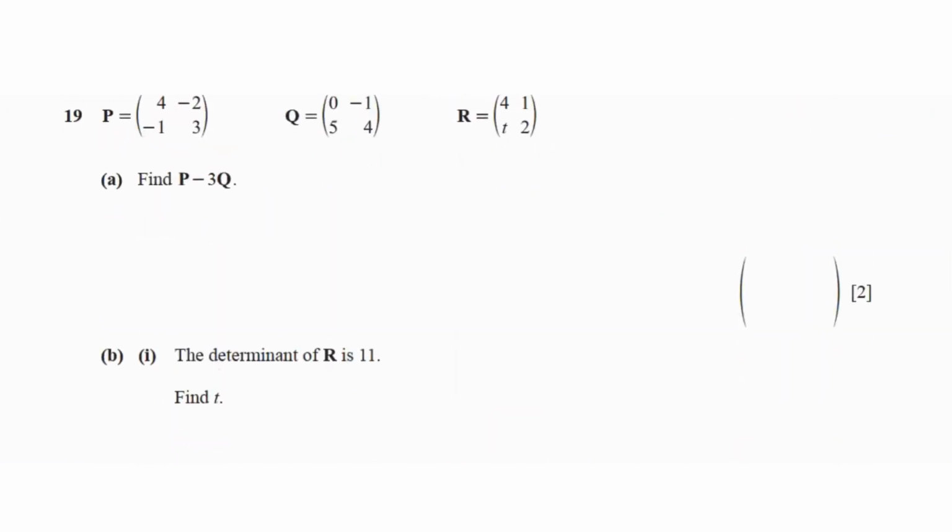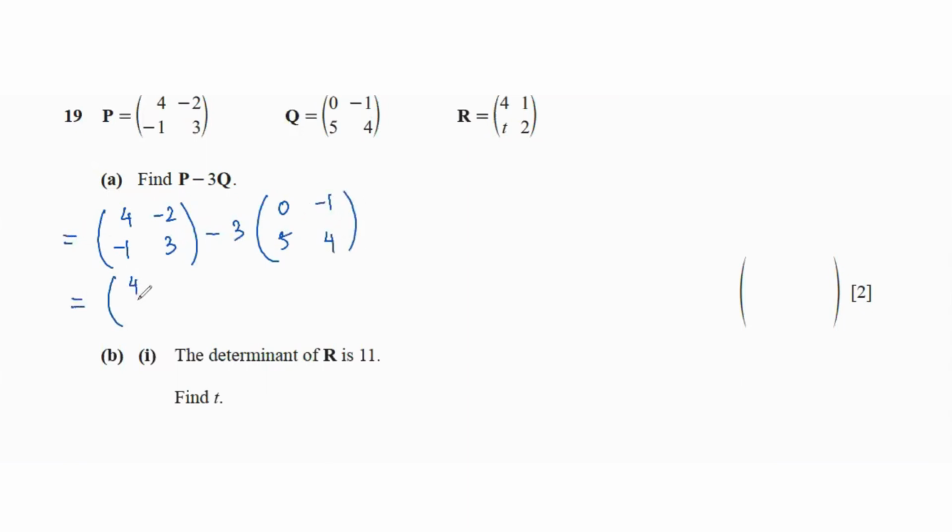Question 19 says, we have these matrices and they want us to find the value of P minus 3Q. So 4, negative 1, negative 2, 3, minus 3 times 0, 5, negative 1, 4.